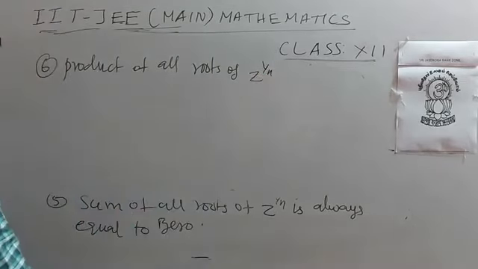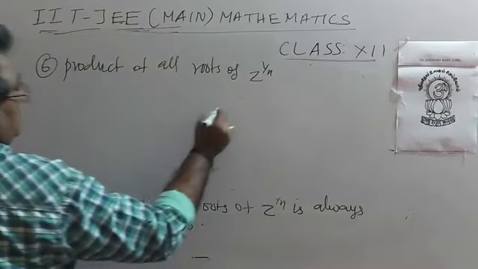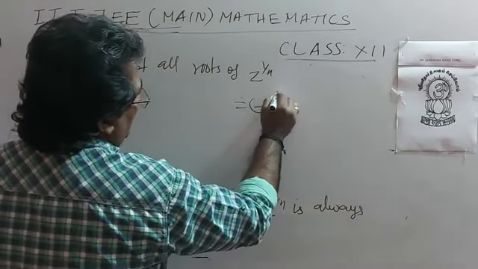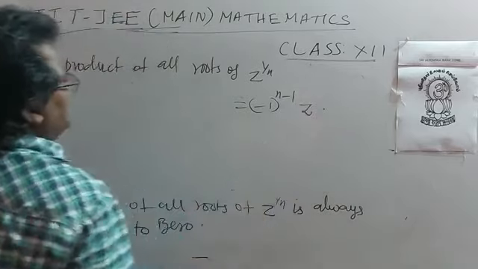Product of all roots of z power 1 by n equal to minus 1 whole power n minus 1 into z.